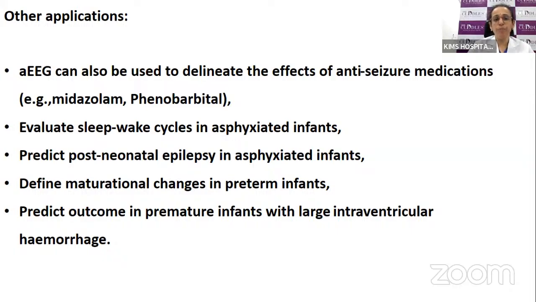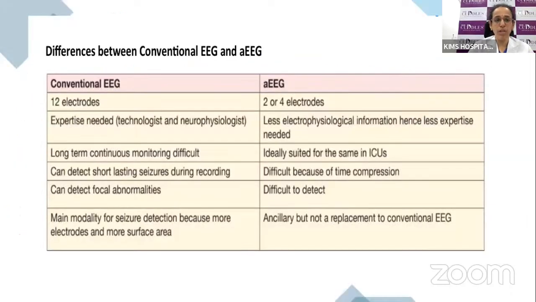Early return of sleep-wake cycles determines a good prognosis for the baby, and we can predict post-neonatal epilepsy in asphyxiated infants. And there are certain changes in premature infants, beginning at 21 to 22 weeks, with the completely maturational pattern of EEG seen around 35 weeks of gestation. To define the maturational changes in preterm babies also, we use EEG. And to predict the outcome of infants with large IVH, we can use the EEG.